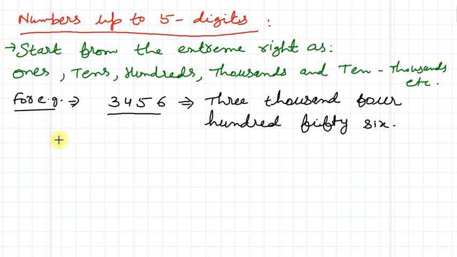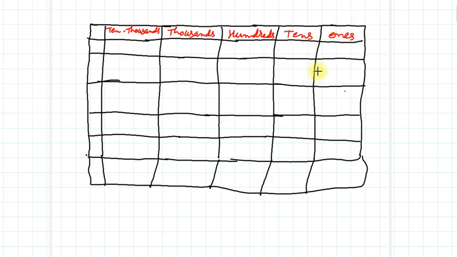So how will we use this place value system? We will take another example for that, right? For that, let us move on to the next page. So students, see, I have drawn a table here, and I have written here, first of all ones, then the column of tens, then hundreds, then thousands, and then 10,000s, right?